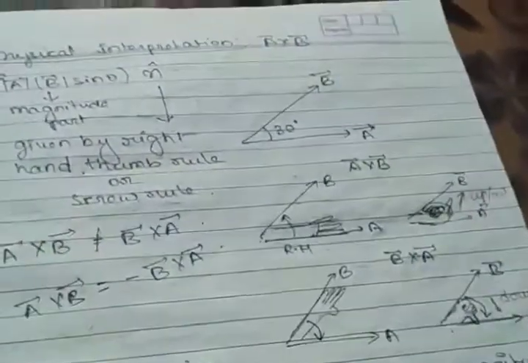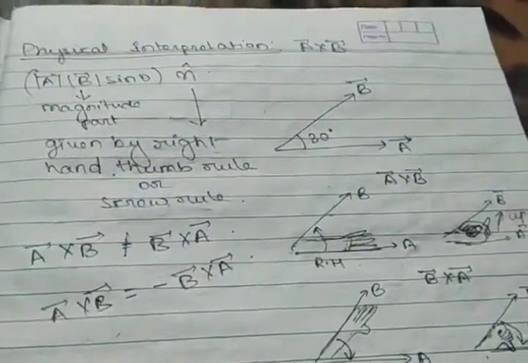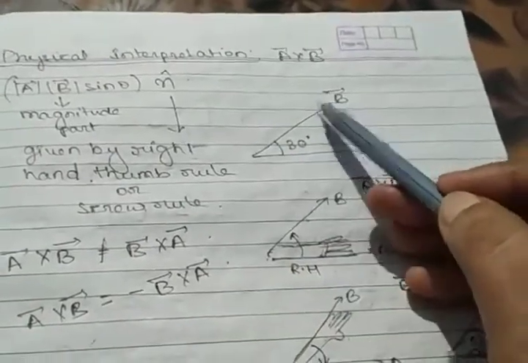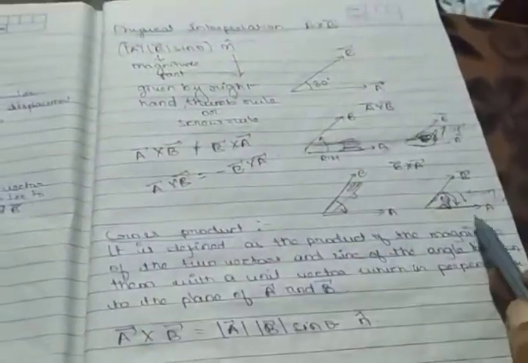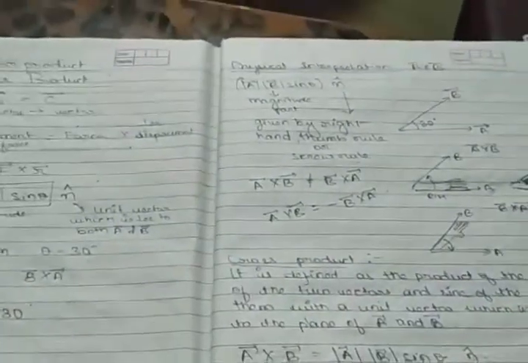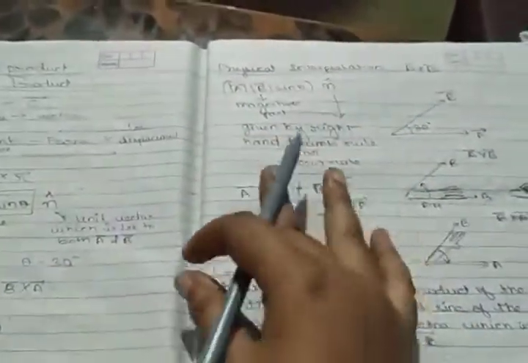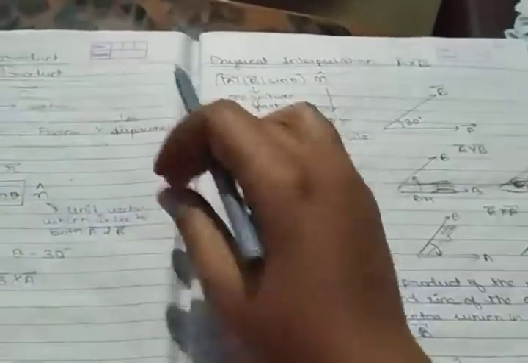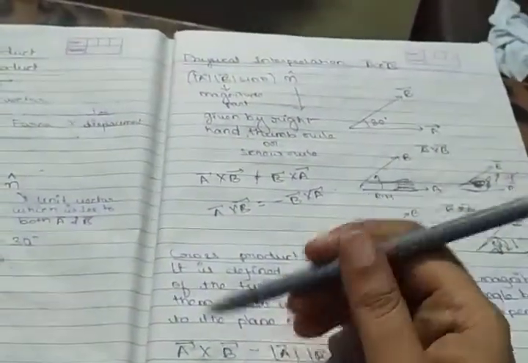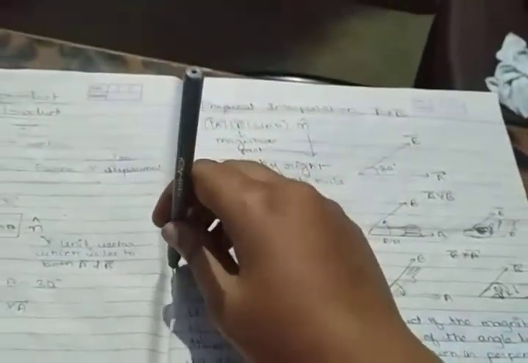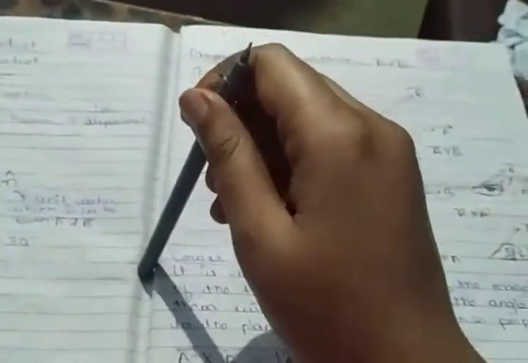Now, suppose A is along the x-axis and B is along the y-axis. This is my copy. So this is the positive x-axis, this is the negative x-axis. Suppose this is the origin. Positive x-axis, negative x-axis, positive y-axis, negative y-axis. What is the z-axis over here? Z will be either outwards of the plane or inside the plane.